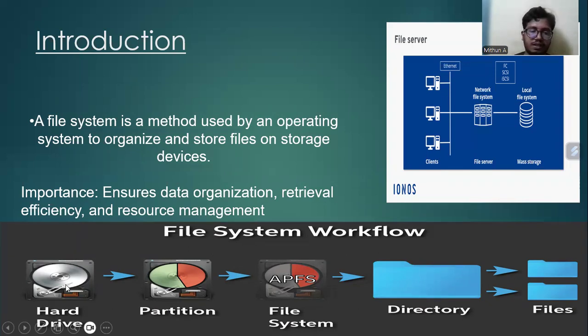Here we can see the hierarchy of the file system, that is the workflow of it. Here we have hard drive, partition, file system, directory, and files. So it ensures data organization, retrieval efficiency, and resource management.